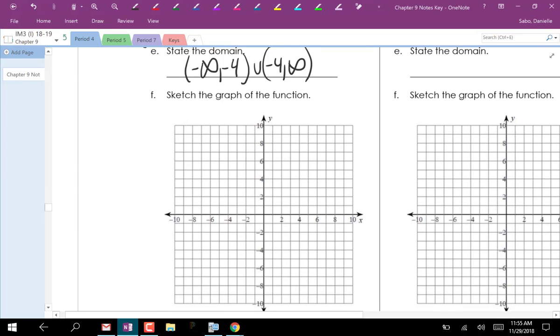So right away, I'm going to go to negative 4, down 6. 1, 2, 3, 4, 5, 6. I'm going to draw this big hole. So I know that there's a hole in my graph. Then you guys can just sketch it. Look off of your graph on your calculator and be like, okay, it looks like it's going like this and like this. Done. If you want to be super accurate with it, by all means, please do so. I would be more than happy to have accurate graphs. But I'm just saying, I really don't care. I just want you to sketch it, but you need to identify the hole is there.